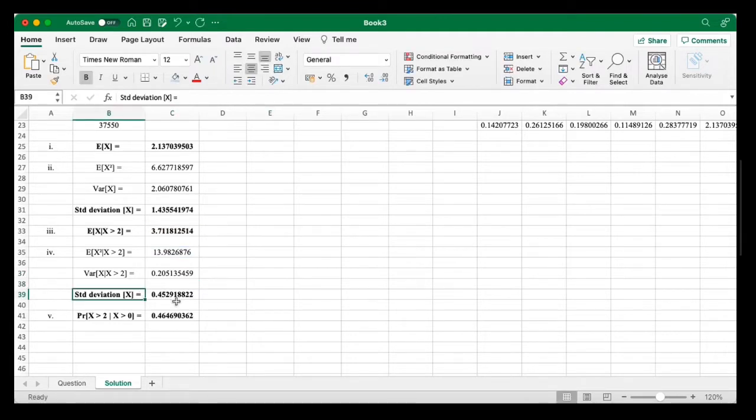Then we can calculate the standard deviation of X by taking the variance to the power of 1 over 2, or square rooting the variance, where we will obtain 0.4529.